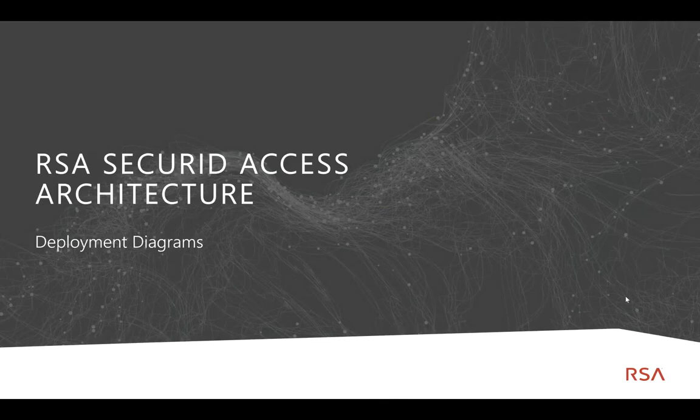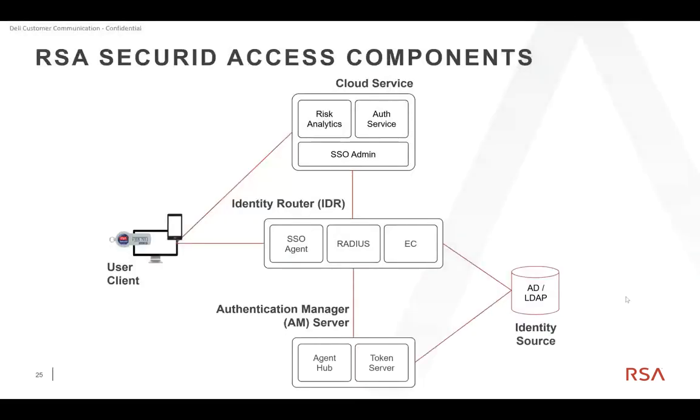So about the architecture, let's see what components we have in SecurID Access. Basically, we have two components: Identity Router and Authentication Manager. Remember both of them very well. If you are looking for an on-prem solution for two-factor authentication only, software or hardware token, your choice will be Authentication Manager.